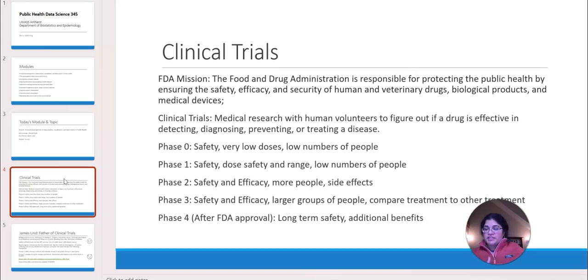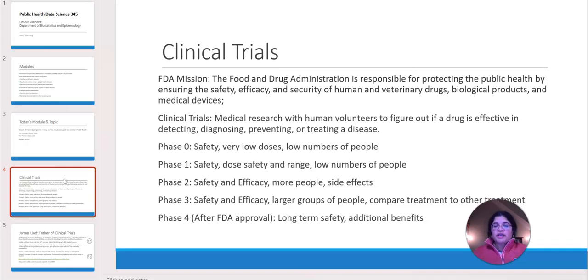And after these various clinical trials, as you can see, there's phase 0 through phase 4. After phase 3, the drug can be approved or disapproved by the FDA. So there's a very long process, and I'm going to tie it with what James Lind did, but a little bit more on what these phases are.